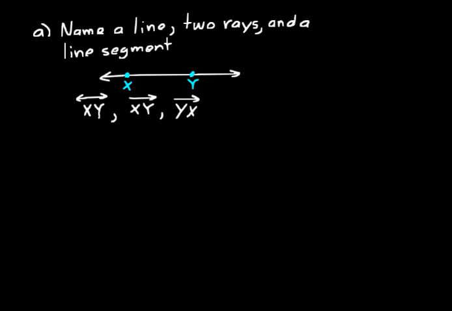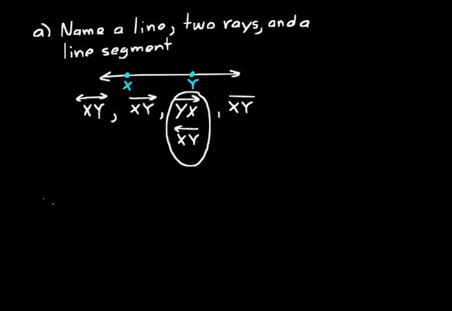I could have drawn it like this, or like that as well. And a line segment that I could do could just be XY. I could also do YX, but you don't put the arrows on the ends when you do the segment.